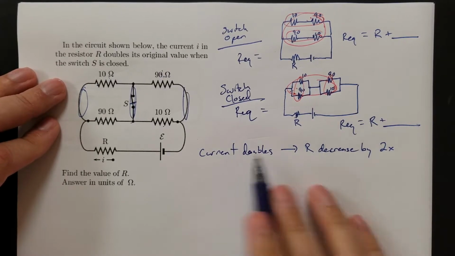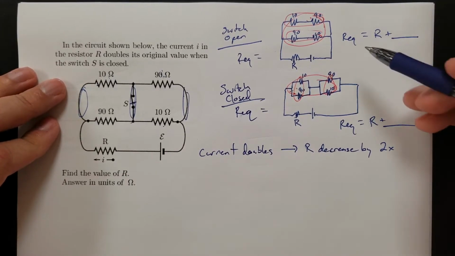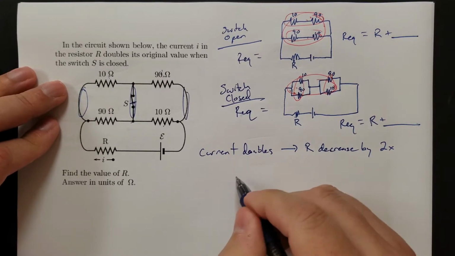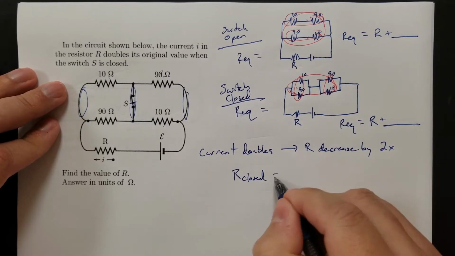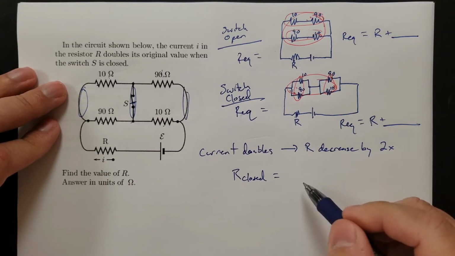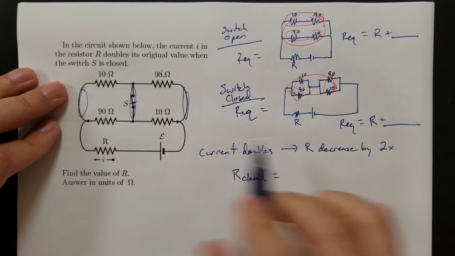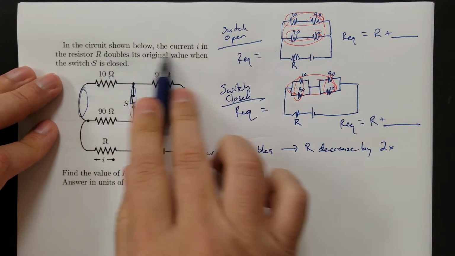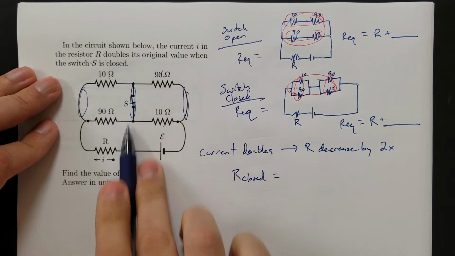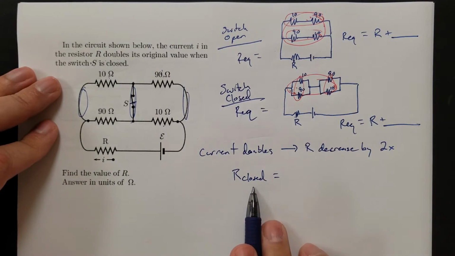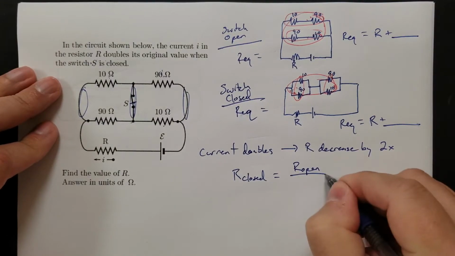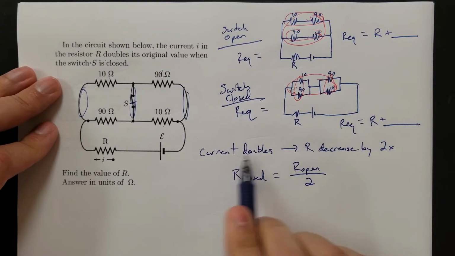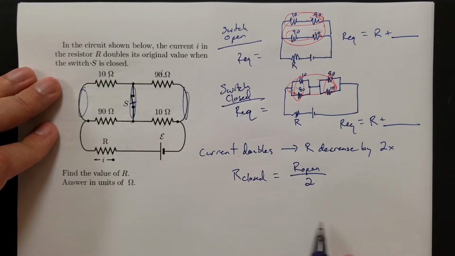So I can take this and I can use that to relate these two things. So that means that the closed resistance has to equal half of the open resistance because when the current doubles when the switch is closed. So that means when the switch is closed, the resistance is smaller than it was. So it's going to equal the open resistance divided by 2, right? Because it doubles, it's going to decrease by 2 times.